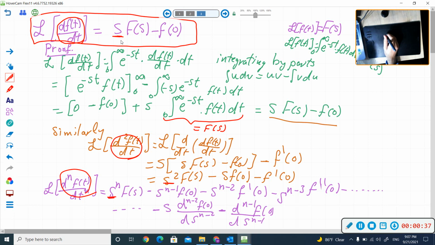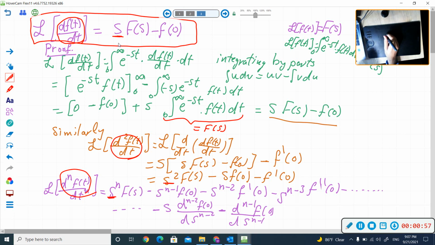So, from now on, whenever we see a governing equation, which is a differential equation governing any engineering system, we will use the Laplace transform as a tool to transform it into the S domain.